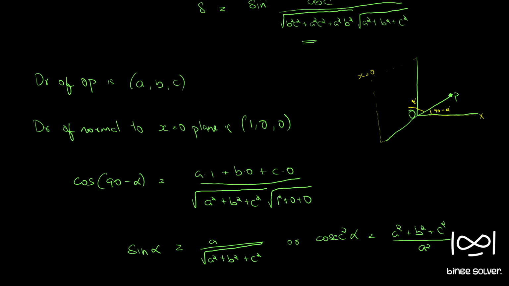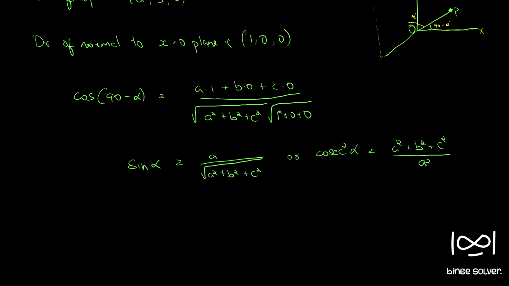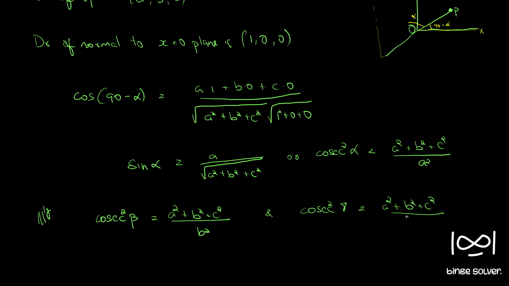Since this is going to be symmetrical, we can write similarly cosec square beta will be a square plus b square plus c square by b square, and cosec square gamma will be a square plus b square plus c square by c square. You see, this is a symmetrical equation.